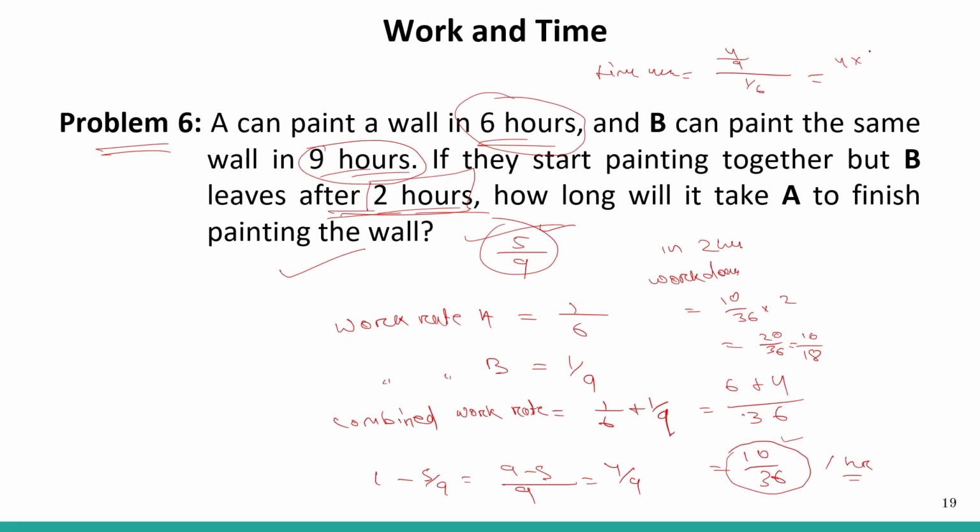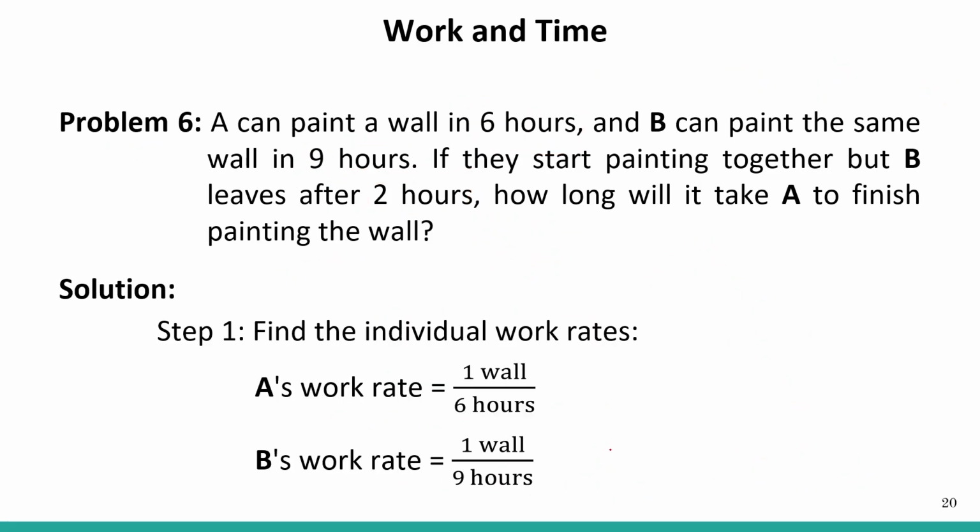So 4 into 6 by 9, 24 by 9, is equal to 8 by 3 hours. This is how much time it will take for A to finish the remaining 4 by 9th of the wall to paint.